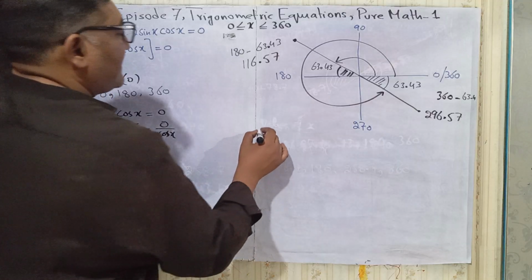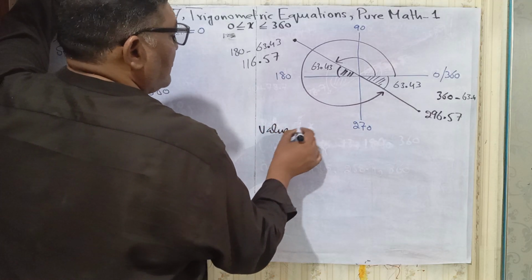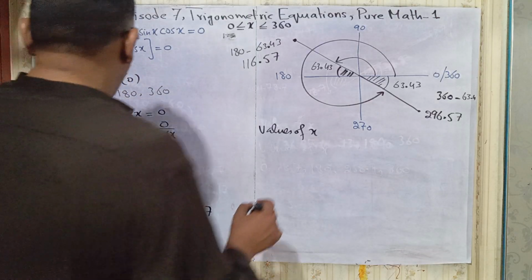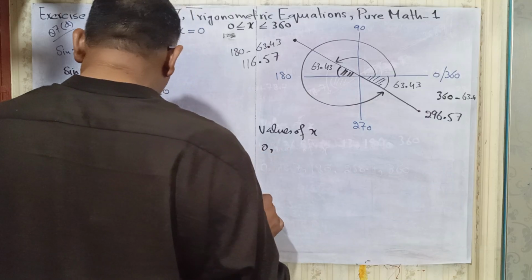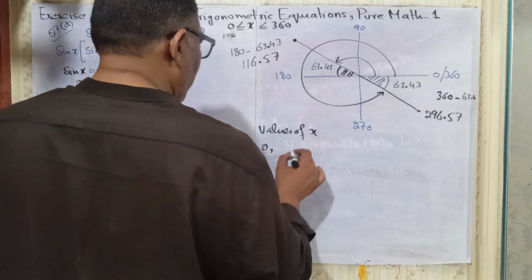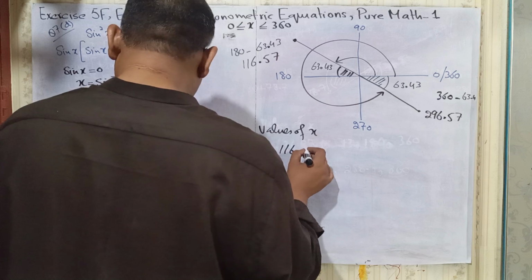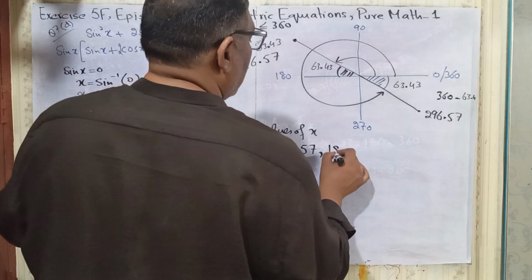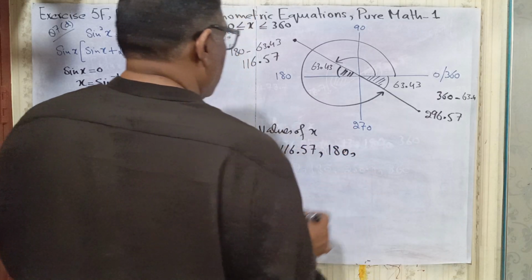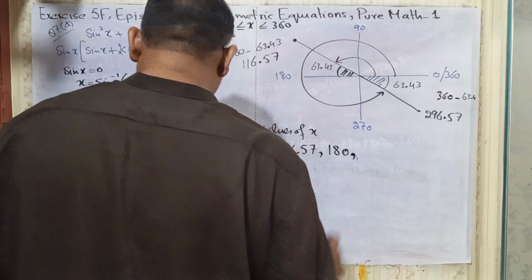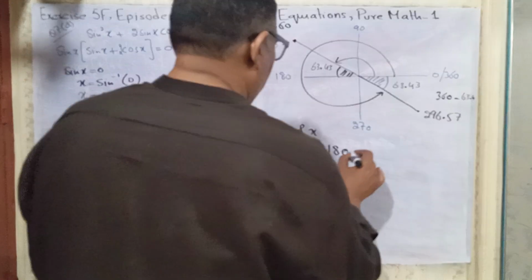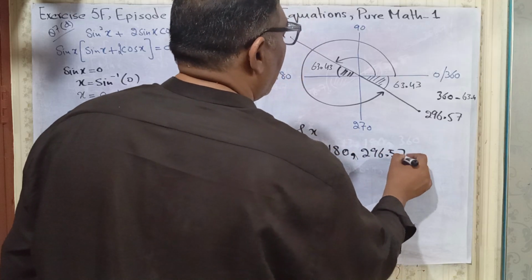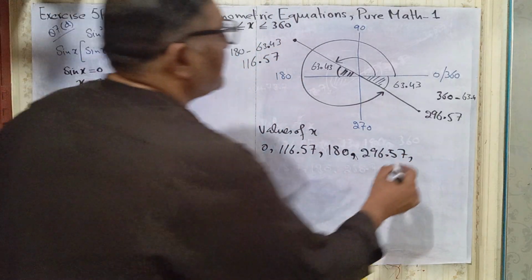So the values of the x will be 0, then 116.57, then you have 180, and then you have 296.57, and then you have 360.